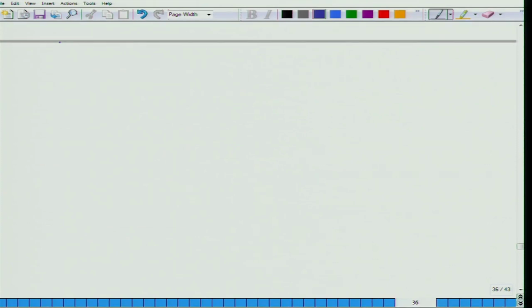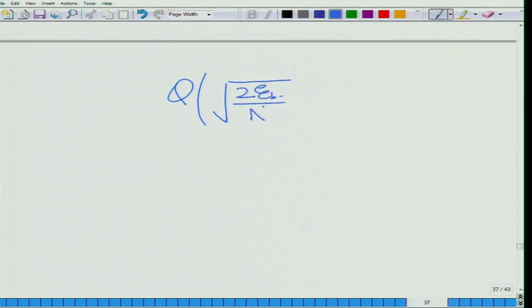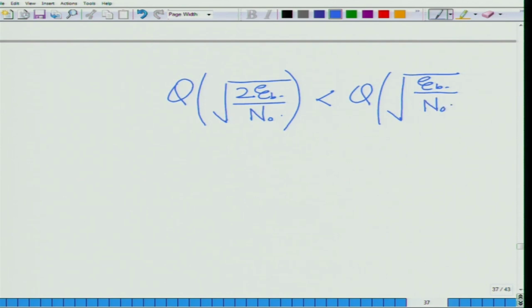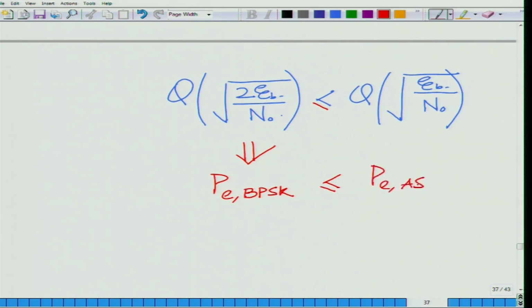Therefore, the important point here is that Q square root of 2 EB over N naught is less than Q of square root of EB over N naught, which implies that the probability of error for BPSK, for the same bit energy, is less than or equal to the probability of bit error for amplitude shift keying.